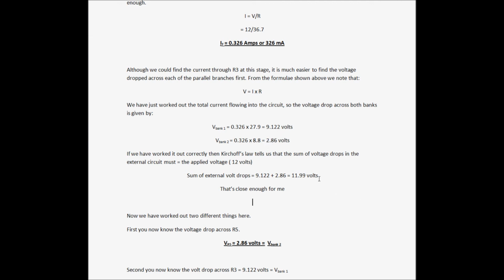Kirchhoff's law tells us that the sum of voltage drops in the external circuit must always equal the applied voltage, which in this case is 12 volts. The sum of external volt drops is 11.99 volts, and that's more than close enough to satisfy this particular criterion.